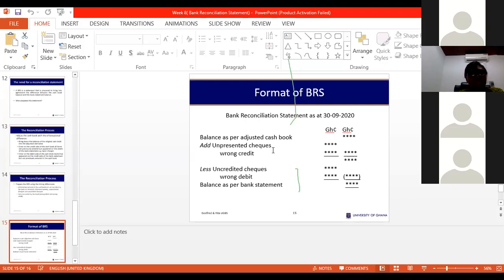So at that point, we would subtract it from our cash balance, and then the wrong debits reduce our cash balance. So we'll also reduce it so that we can agree with the balance on the bank statement.